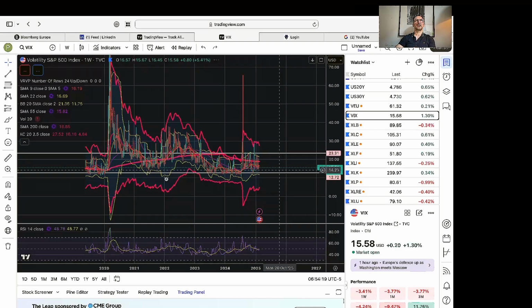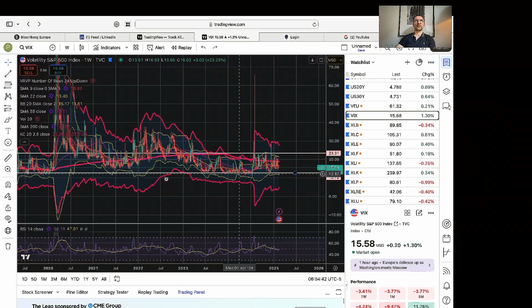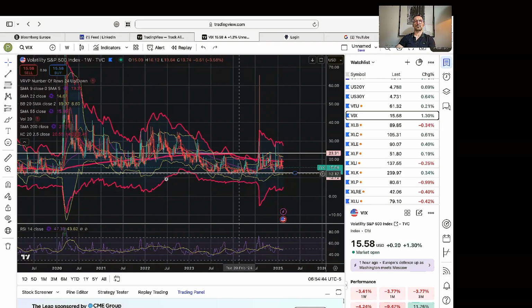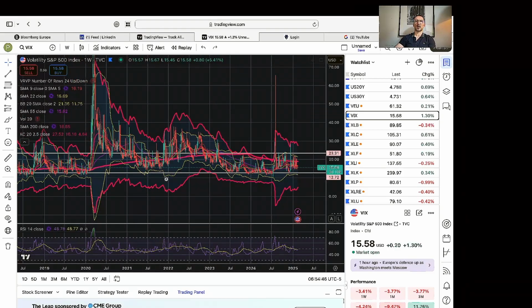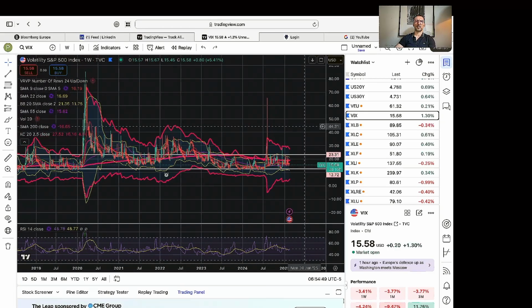Market volatility below the historical average always preceded crashes in 2000, 2007, and 2021. This is a very key indicator for market crashes. Low volatility suggests overconfidence and a FOMO-driven market as well. So this is always preceding a market crash or meaningful market correction.